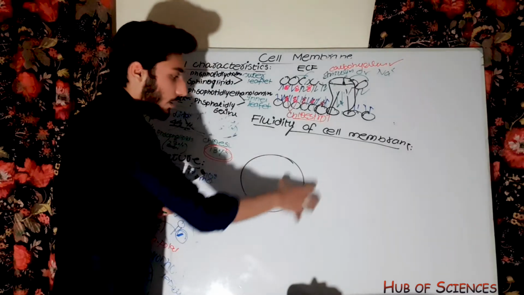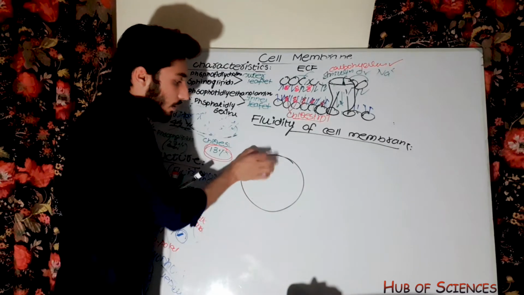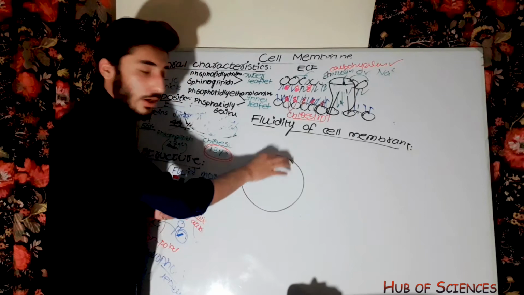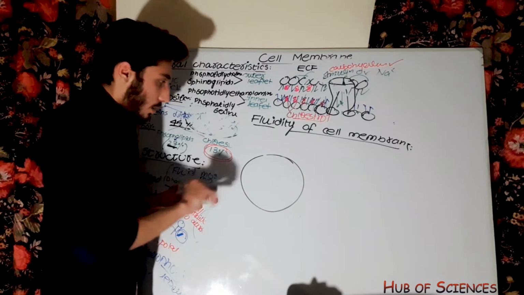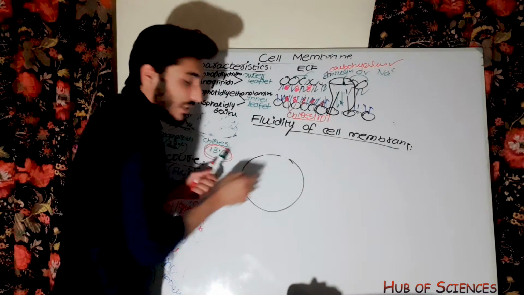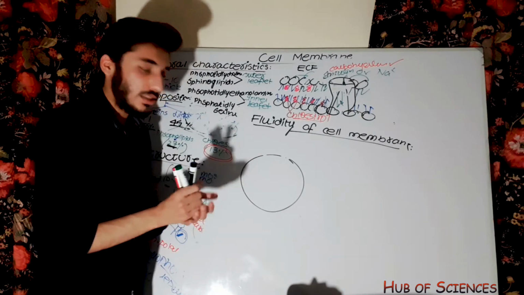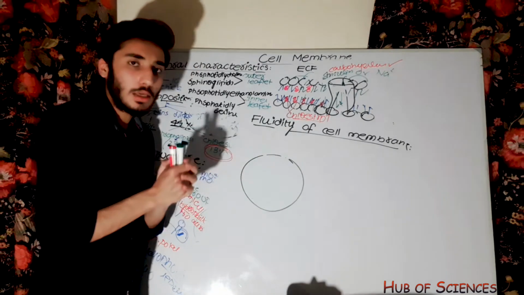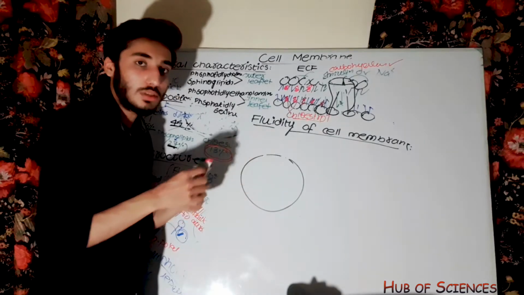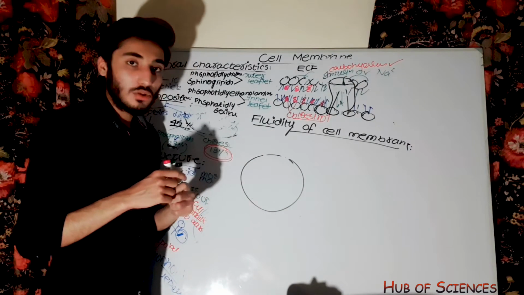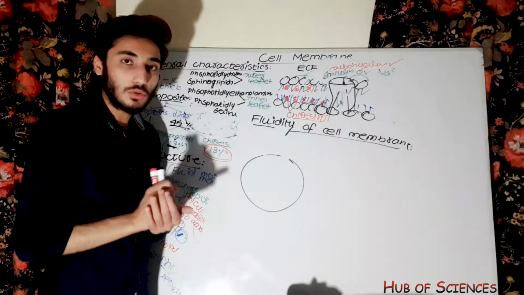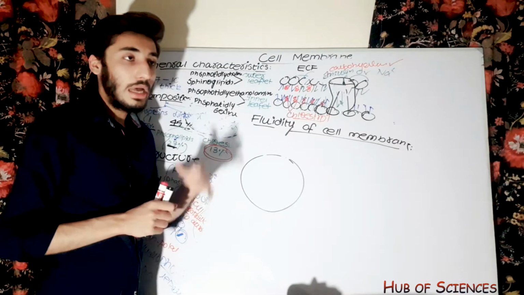This is the cell membrane. There will be the phospholipid bilayer, outer leaflet and inner leaflet. If the cell wishes to eat something, like some bacteria, some virus, or phagocytose some cell, as the lysosomal cells do, it engulfs a foreign object.